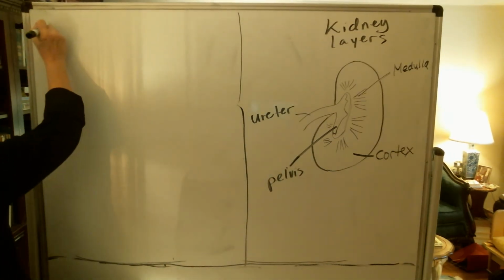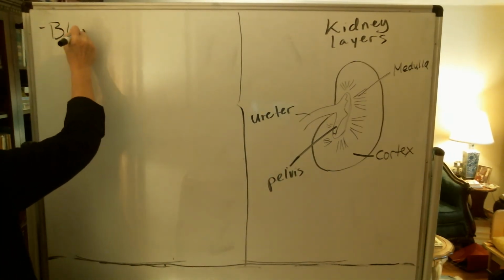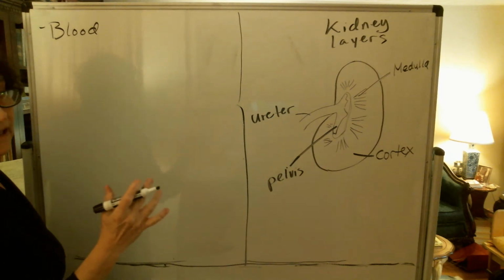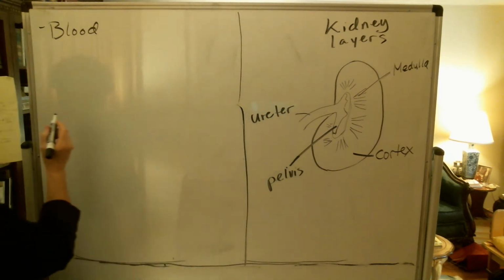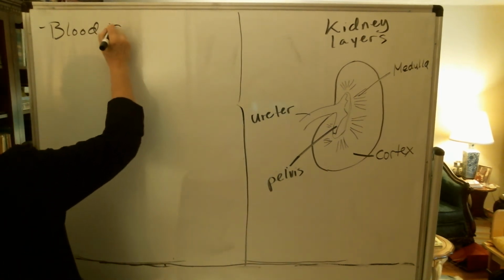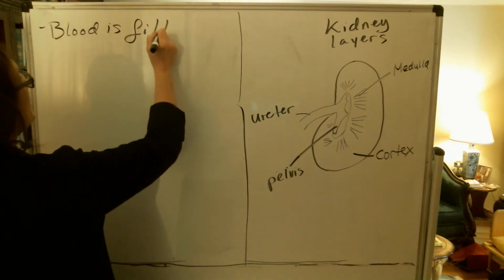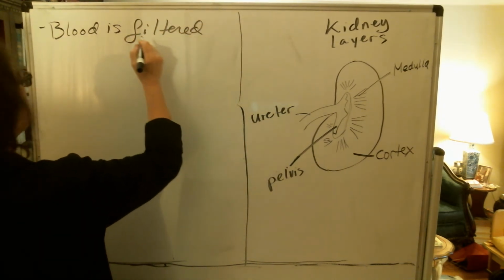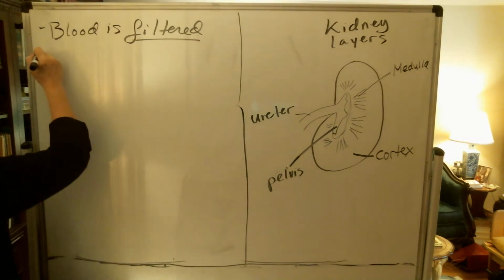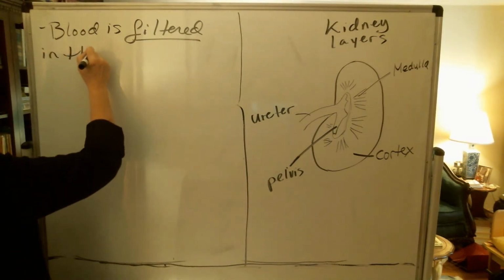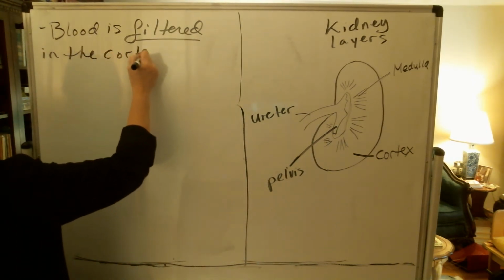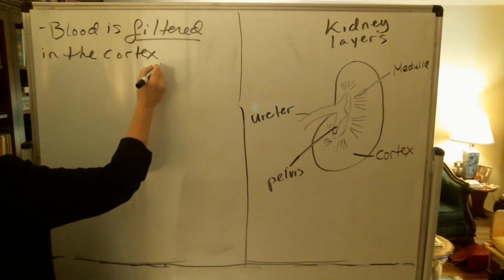The blood that enters the kidney in order to be cleaned, in order to have the wastes removed, the blood is filtered in the cortex.